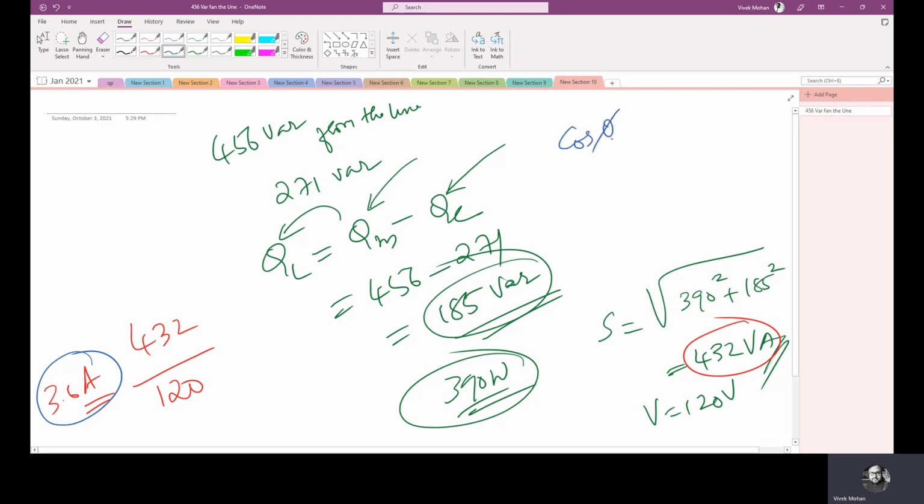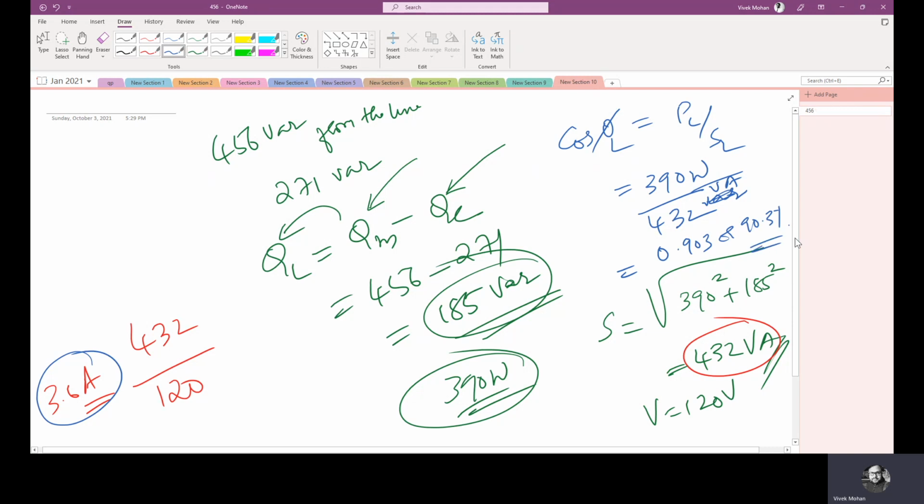Cos phi L is PL by SL, which is 390 divided by 432 VA, which is equal to 0.903 or 90.3%.